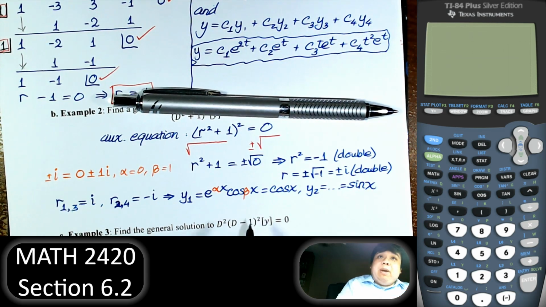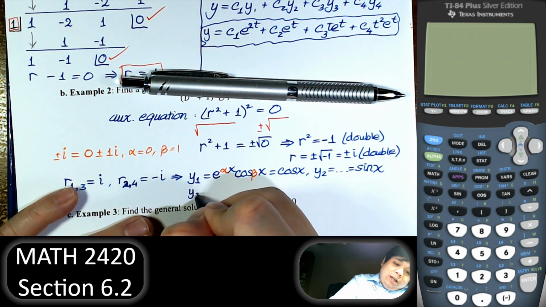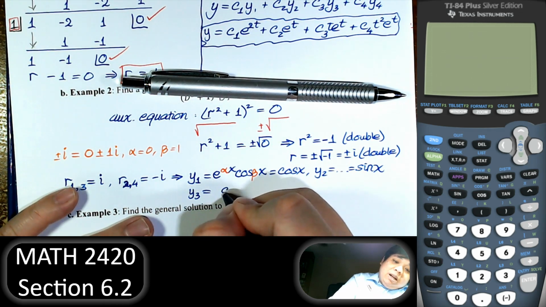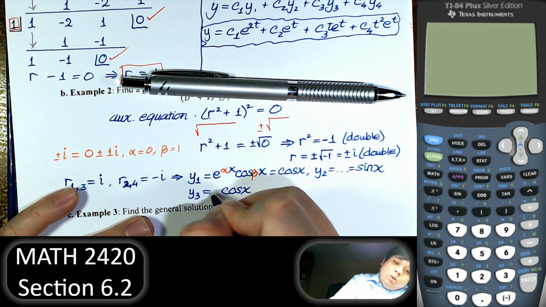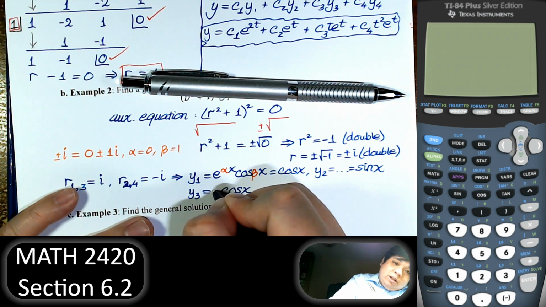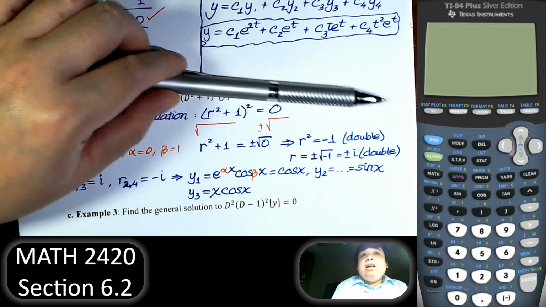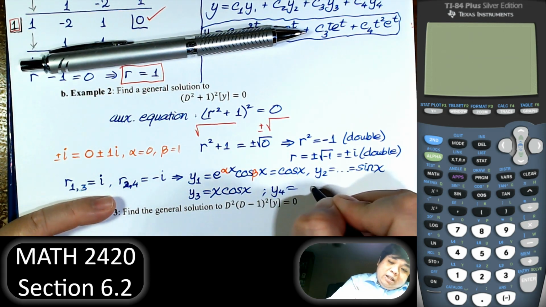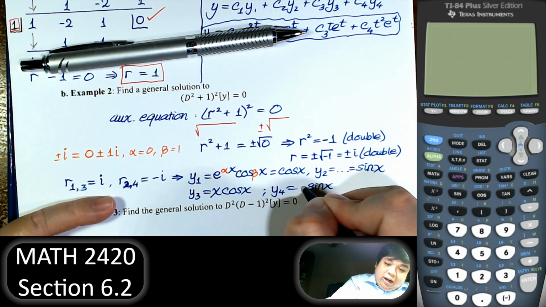Now because they are repeated, y3 will be exactly this cosine x, but we have to make them linearly independent, so we multiply an x into it. And same thing with y4, instead of sine x we multiply by x.